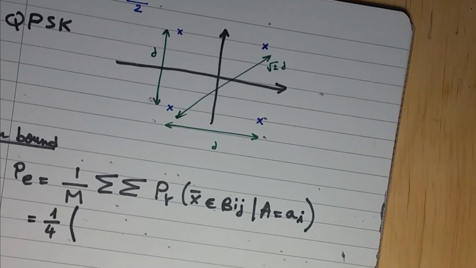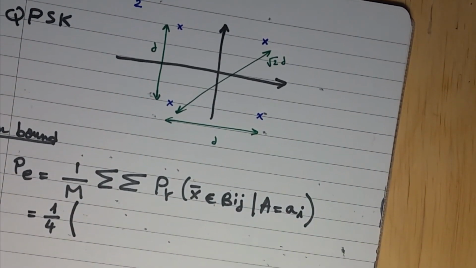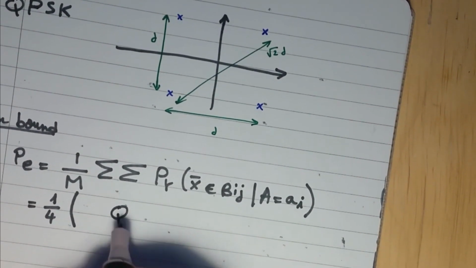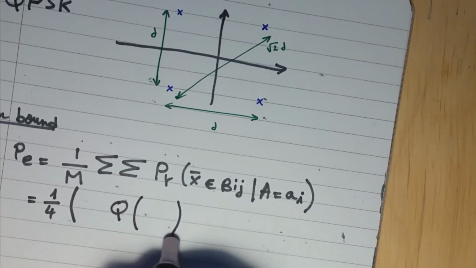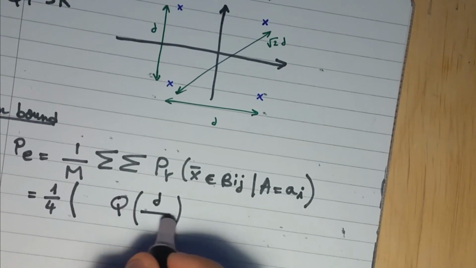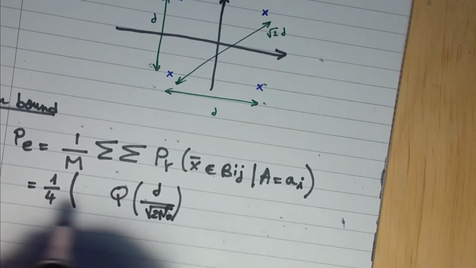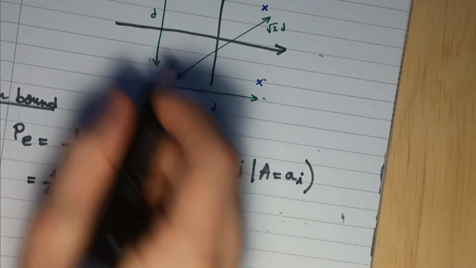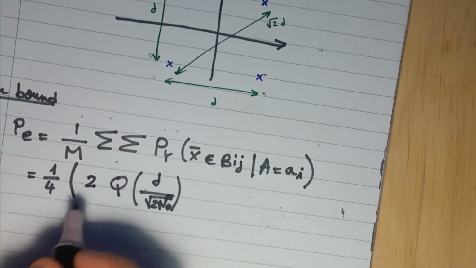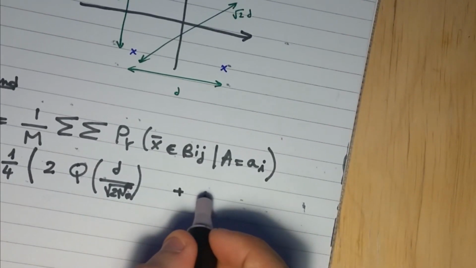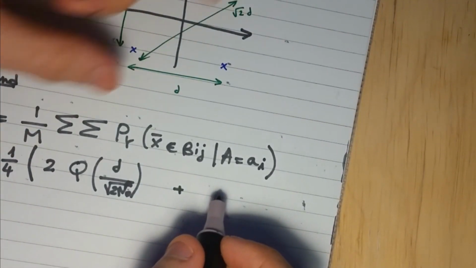For any probability, you usually use the Q function, and Q here is d over square root of 2N0, and we have 2 of this case, so we put 2 times Q plus we have this one too.